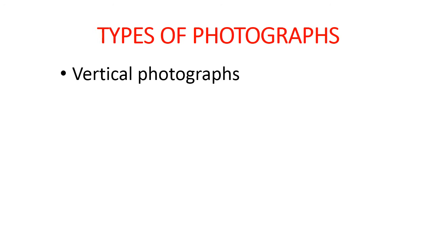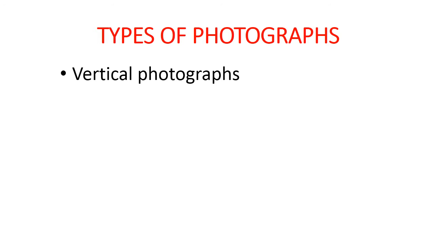A vertical photograph closely resembles a map and is particularly suitable for obtaining uniform coverage, as these photographs can be obtained with reasonably low tilt. Tilt is the direction of the camera axis from the vertical. So, these are generally used for mapping and photo interpretation work.